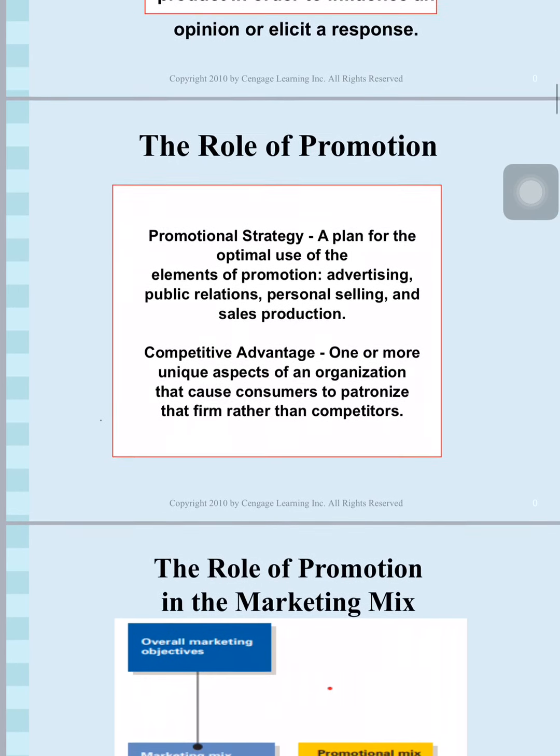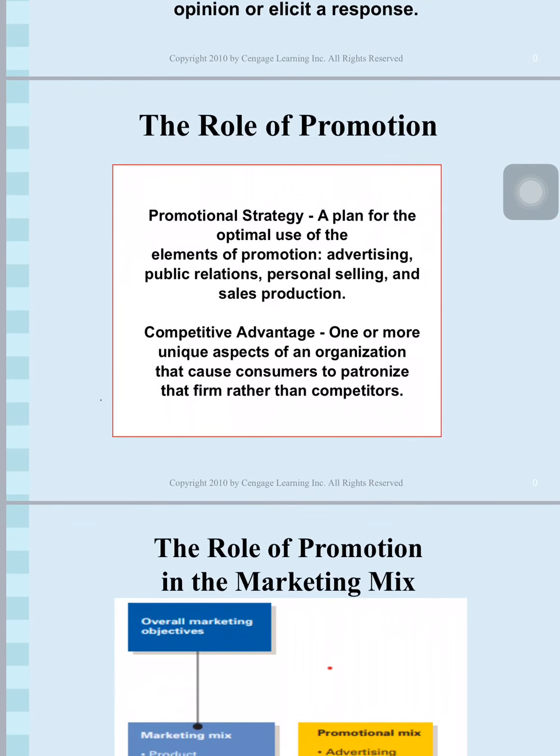So competitive advantage is what? Competitive advantage is one or more unique aspects of the organization that cause consumers to patronize that firm rather than competitors. Basically, competitive advantage is where your product or your service is different, something unique, that your target market, like your potential buyer, will choose you rather than choose and buy your competitors' products or services.